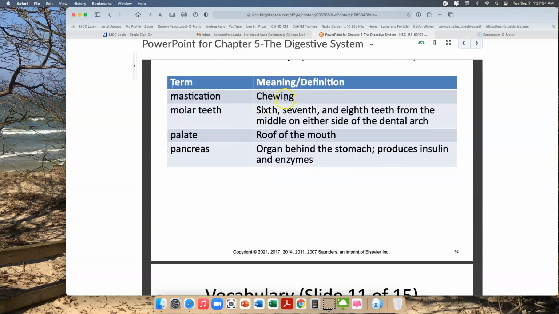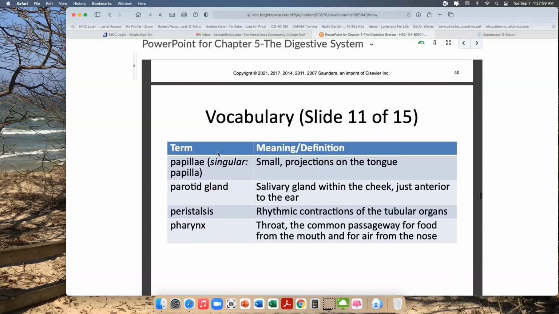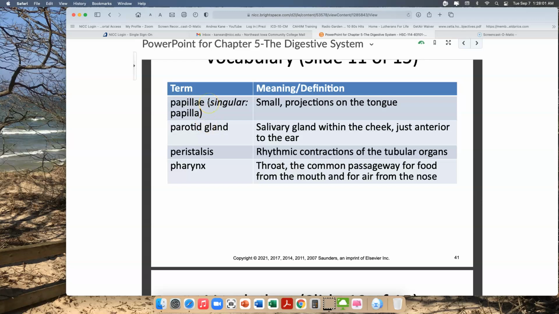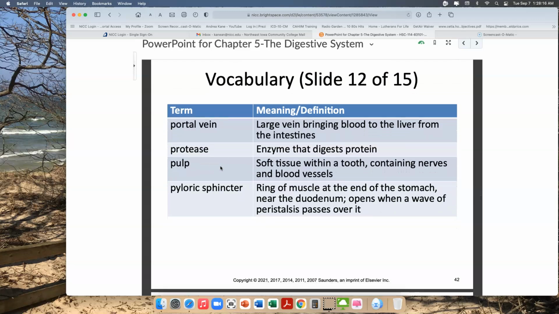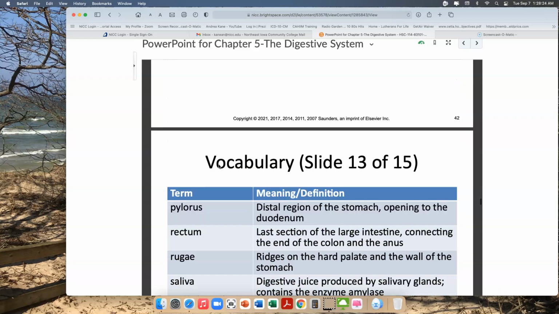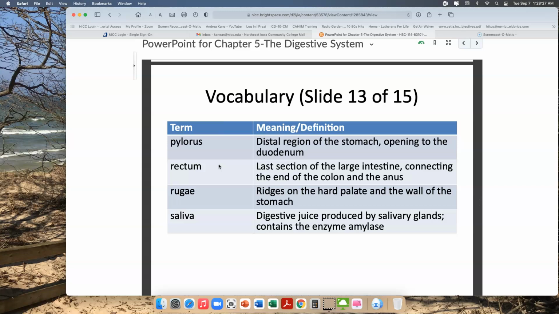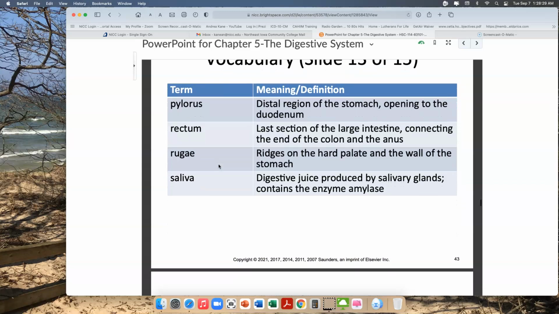Mastication means chewing. Molar teeth, palate, pancreas. Papillae, the singular is papilla. So papilla is singular, papillae is plural. Parotid gland, peristalsis, pharynx. Portal vein, protease, pulp, pyloric sphincter. Pylorus, rectum, rouge, saliva.